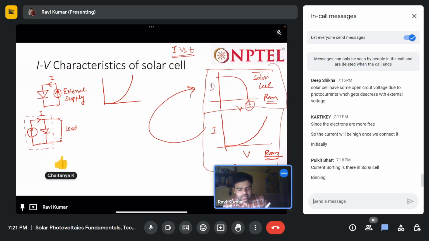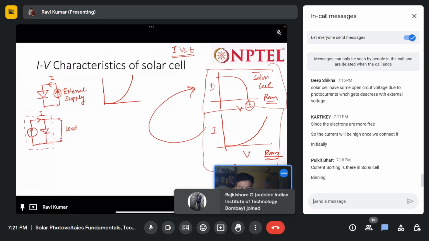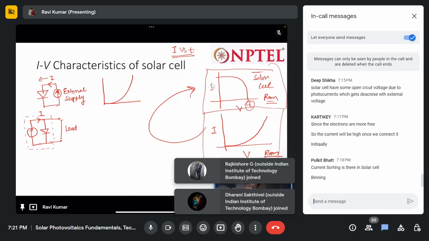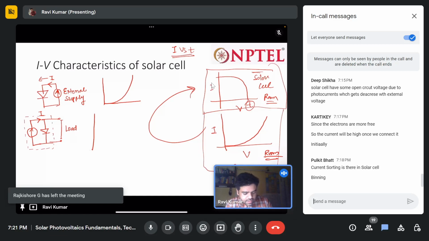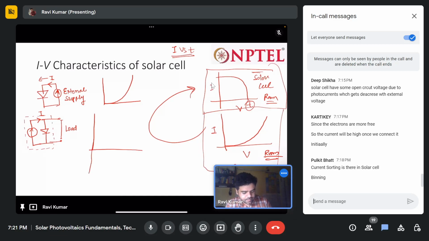So here, just see the direction of current. Here, direction of current is going away from the external source. Here, this current is coming toward the load or external load. So what will happen? We already have a current, then this curve will shift down. It will be like this.